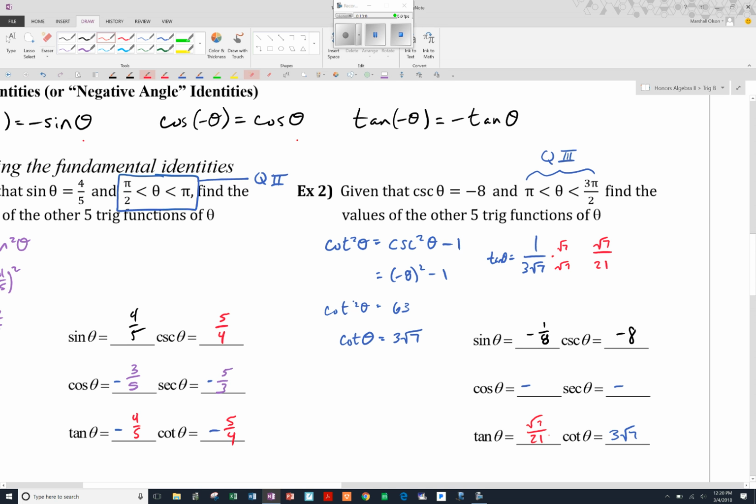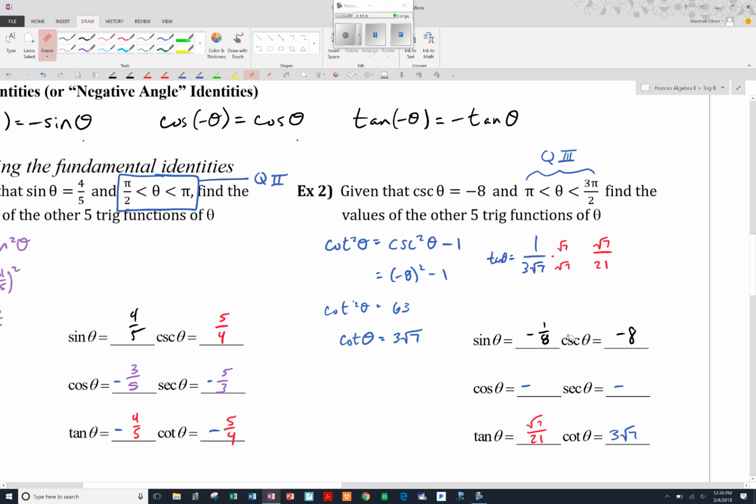A couple different things that you could do here. You could use a Pythagorean identity again to find cosine, if you know that sine is 1/8. You could also say that you know tangent, which is the square root of 7 over 21, is equal to sine over cosine, and you could use that in order to find cosine.